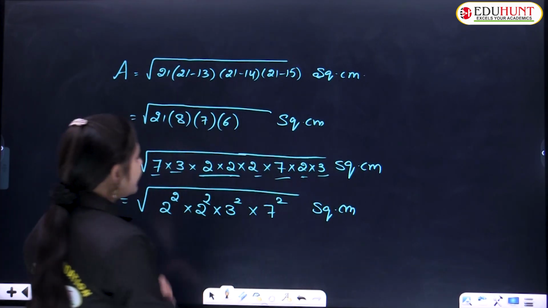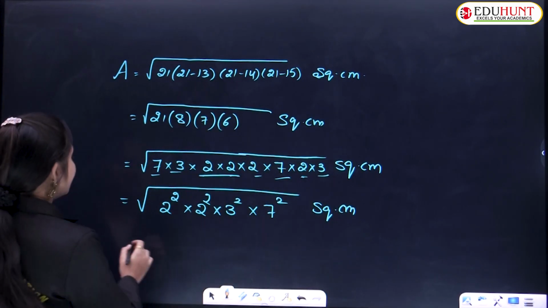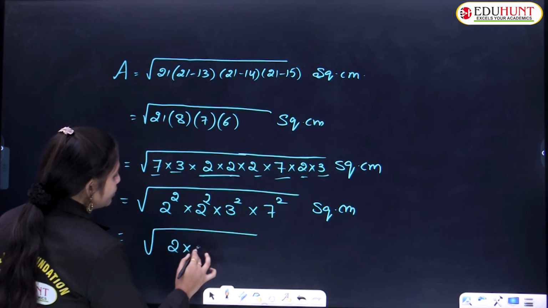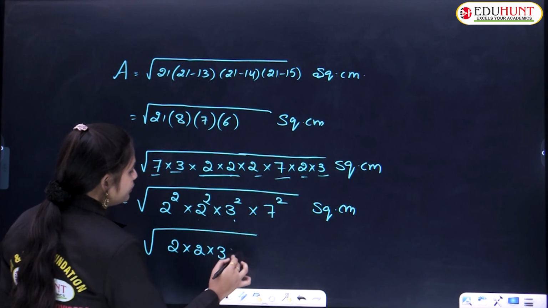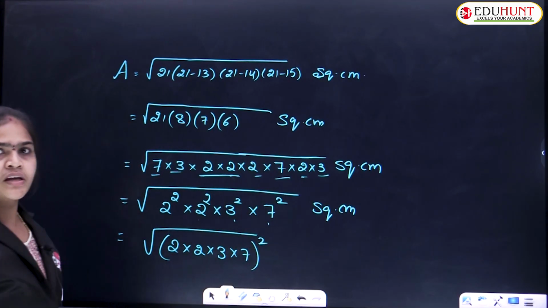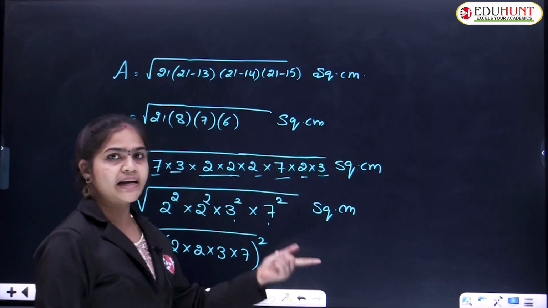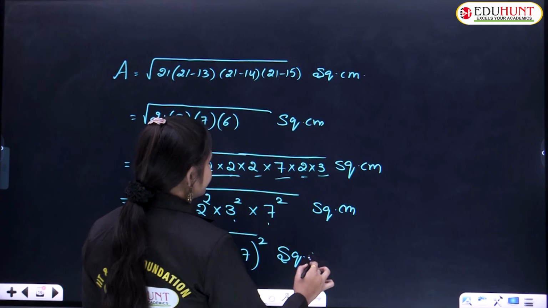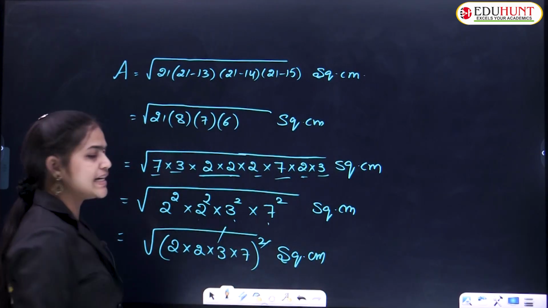Now all the numbers have squares, so we can write it as the square root of 2 into 2 into 3 into 7 whole square, that is 2 square, 3 square and 7 square. The square and root get cancelled.